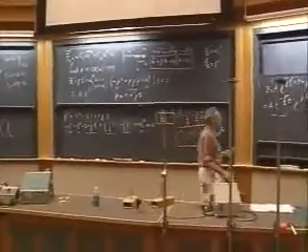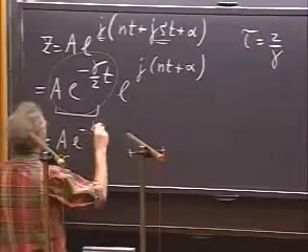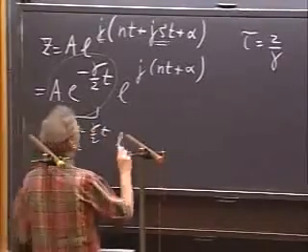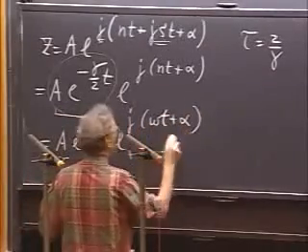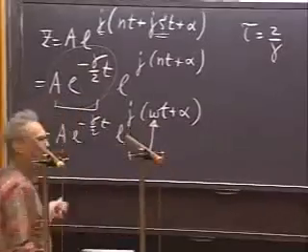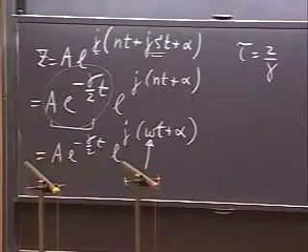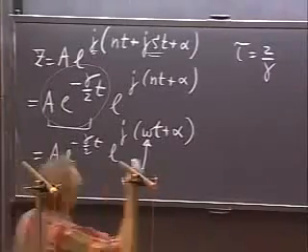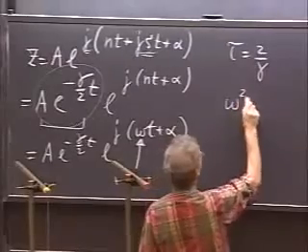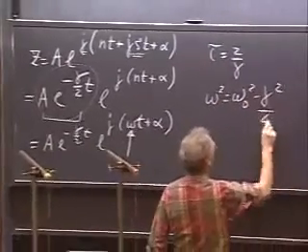And so if I write this now a e to the minus gamma over 2, I can write down now j omega t plus alpha, and I know exactly now what that omega is. That is the square root of this number. And so therefore omega squared is omega 0 squared minus gamma squared over 4.